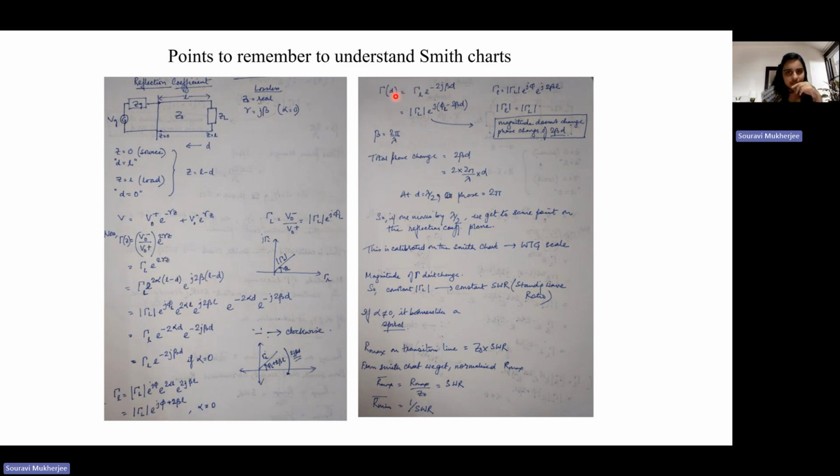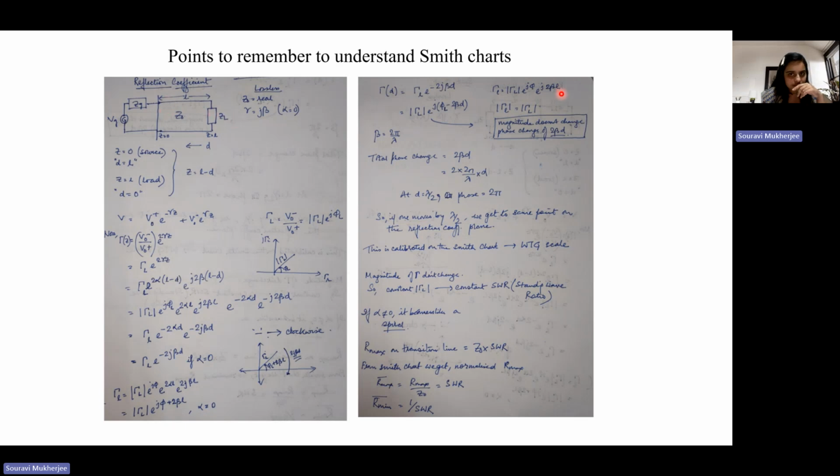So this is your expression of your reflection coefficient. Okay. So for any value of d, it's the same thing. Either you can write it in terms of z or you can write it in terms of d. So at any value of d, which gives you the distance from the load, this is how your reflection coefficient would look like. Okay. So here you can see this tau L already takes into account the initial phase of the reflection coefficient, the magnitude, and any phase that comes because of the length of the transmission line.